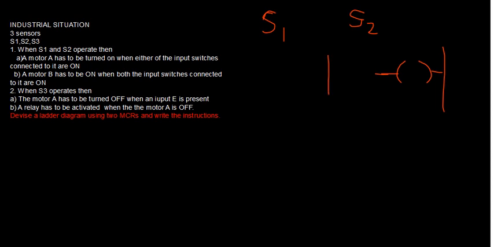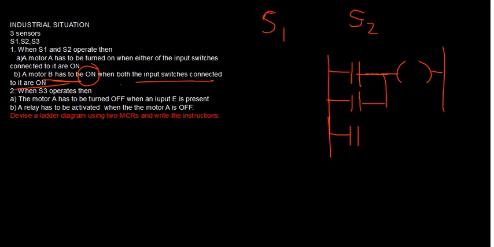This is very, very simple now. When both means what? I have got one more switch here, which is getting ANDed, both of the switches are on. So, now this is my motor A and this is my motor B.